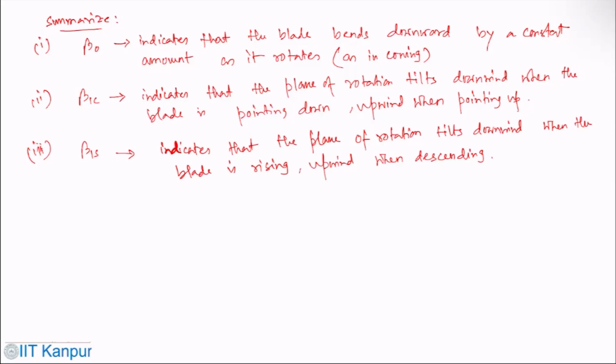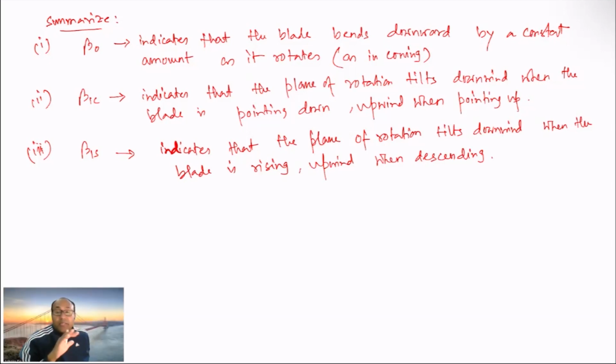So this is what you have in summary of that particular solution to the full flapping equation, where beta 0, which is the coning term, indicates that the blade bends downward by a constant amount as it rotates. Beta 1c indicates that the plane of rotation tilts downwind when the blade is pointing down and upwind when pointing up. And beta 1s indicates that the plane of rotation tilts downwind when the blade is rising and upwind when descending. So this is in summary.